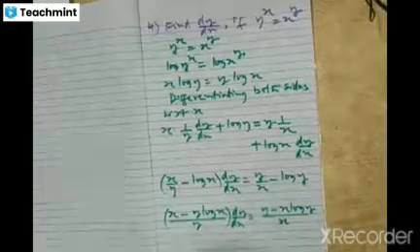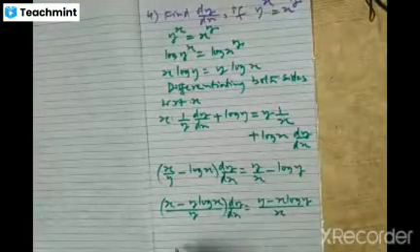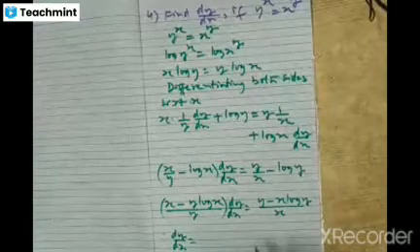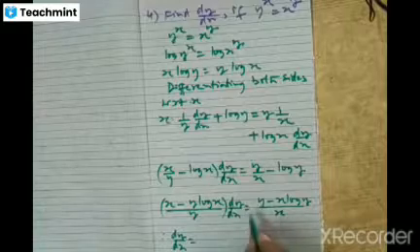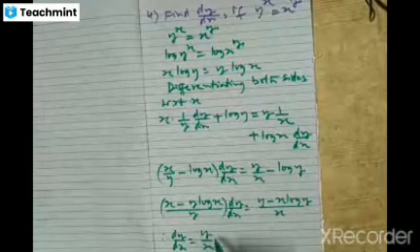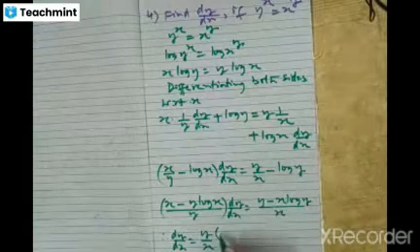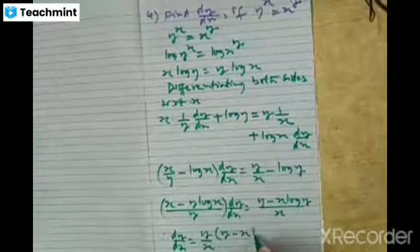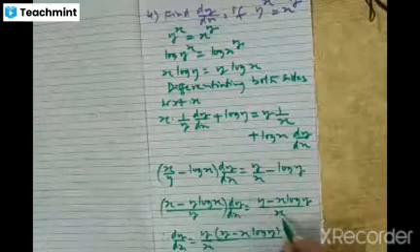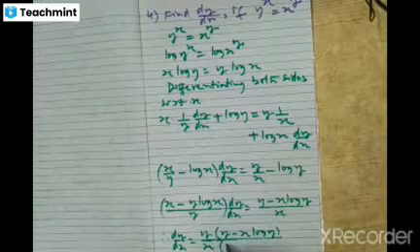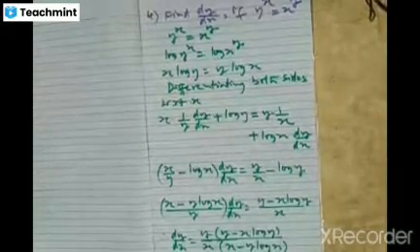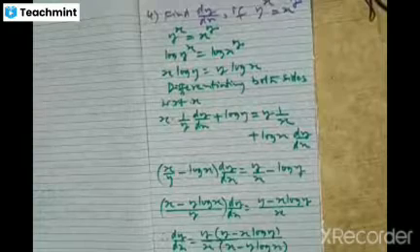Cross multiply and find dy by dx. Therefore, dy by dx is equal to, this y goes to the numerator of the RHS, and in the denominator we have x, so y by x into (y minus x log y) divided by, this comes down to the denominator of the RHS, (x minus y log x).